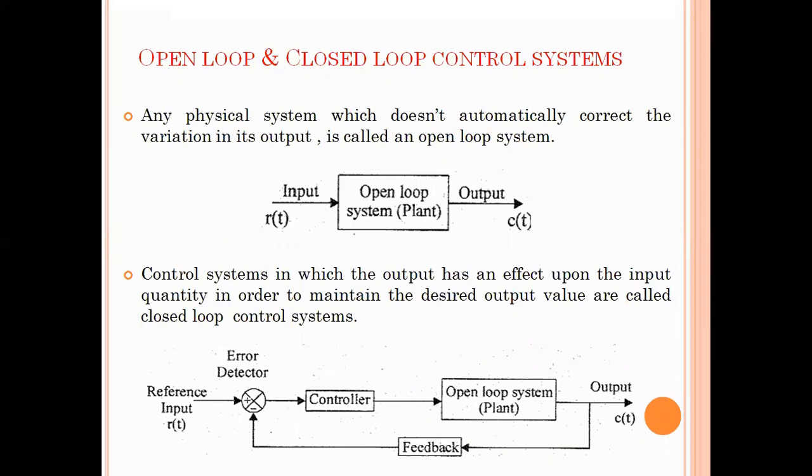So obviously, what will happen? The room temperature will go 22, 23, 24. But what is our desired output? Desired output is 20 degrees only. Now the room temperature is slowly increasing, and again this feedback loop will sense that room temperature. Here an error will be produced because the desired output is 20, but the room temperature is 24 now.